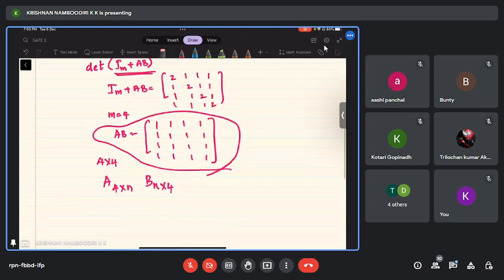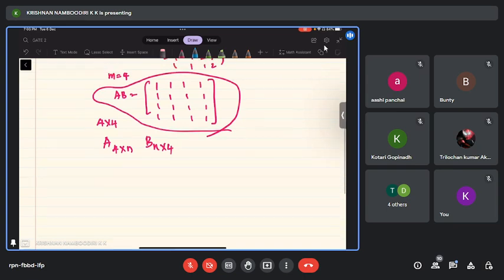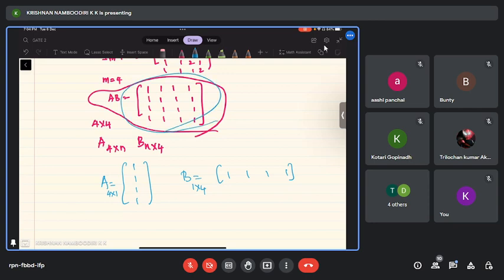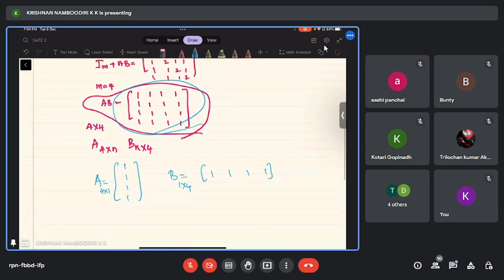But in fact, if I give you A and B, this will become very simple. A is equal to 1, 1, 1, 1 and B is equal to 1, 1, 1, 1. This is 1 cross 4 and this is 4 cross 1. Is AB equal to this matrix? That's equal to that matrix, right?